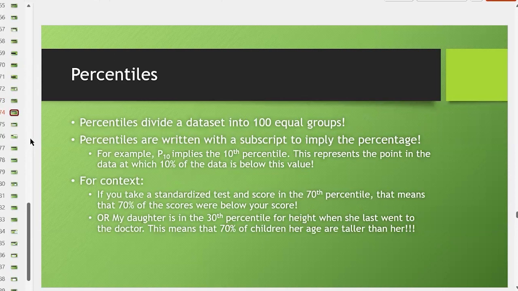As we do with quartiles, breaking it down into 25%, 50%, 75%, we could do the same thing and break the whole data set down into 100 equal groups, 100%. And so percentiles are just like quartiles and the median, in that they're just giving you a position in the data set relative to, there's 10% below this point and 90% above, or there's 70% below and 30% above.